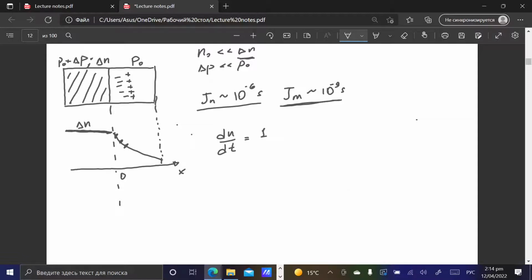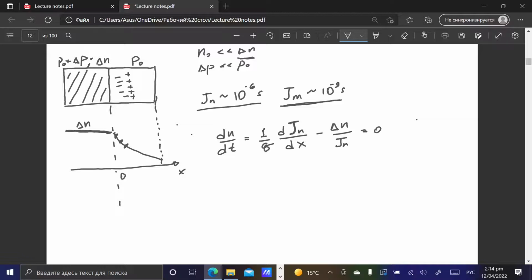In this case, the continuity equation for electrons can be written as follows: 1 over q times dJn, which stands for the density of current of electrons, over dx, minus delta n over tau n, and that should be equal to 0 under steady state conditions.